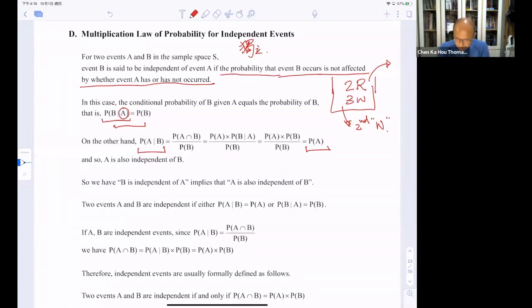So if B is independent of A, it implies that A is also independent of B. So to define independent events, this is the definition: if P(A given B) equals P(A), or P(B given A) equals P(B), they are called independent.